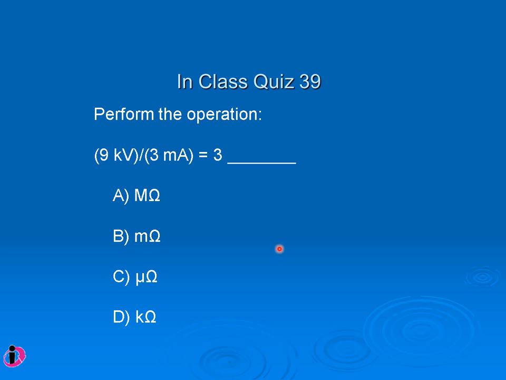Just write omega here, and then you divide 9 by 3, you get 3. But the power gets subtracted, right? So it will be 3 minus negative 3. That becomes 10 to the power 6, because the negative makes it positive, right? Which is 10 mega ohm. So the right answer is A.